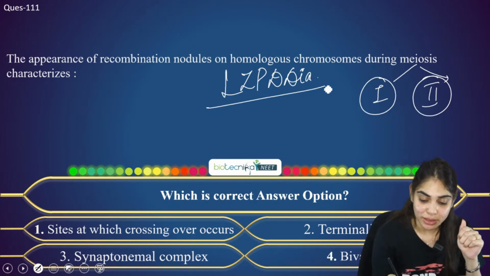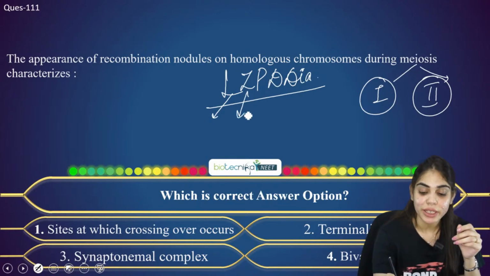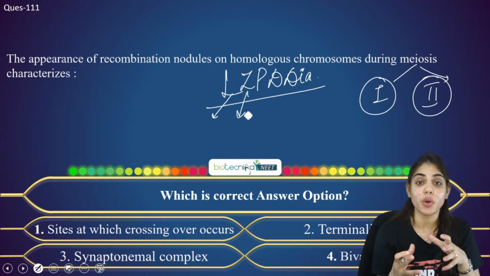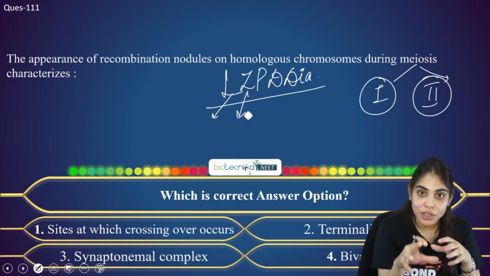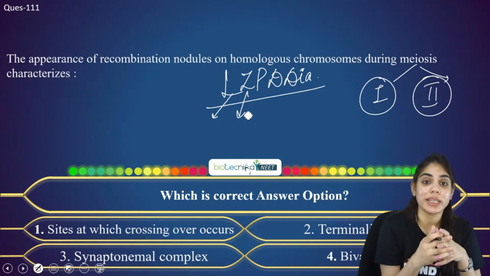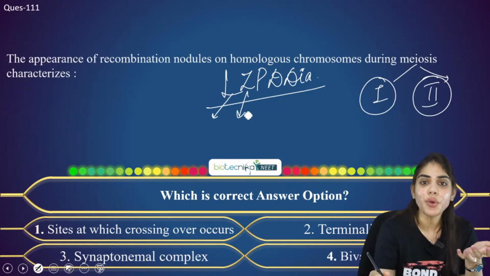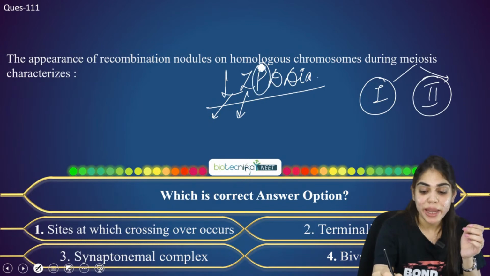Now what happens in leptotene? Condensation of chromosomes. What happens in zygotene? There is pairing of homologous chromosomes, where the recombination is going to take place, where the crossing over will take place between two homologous chromosomes. What is pachytene?